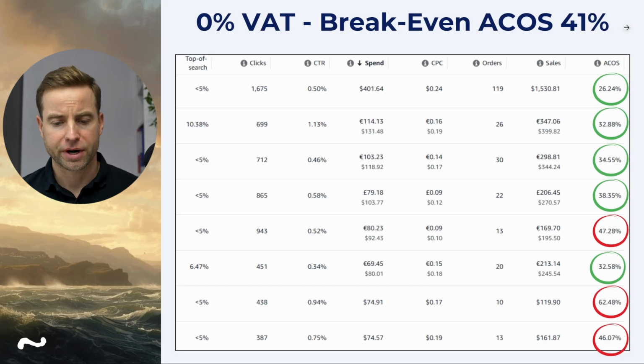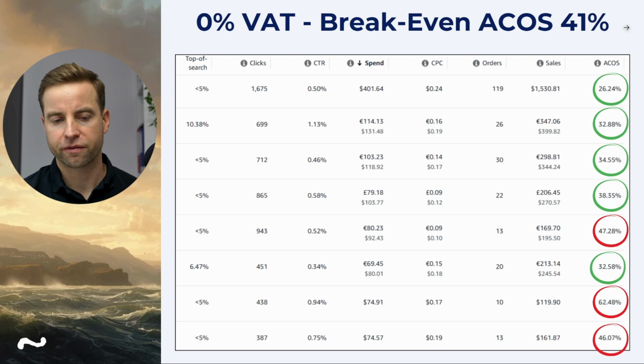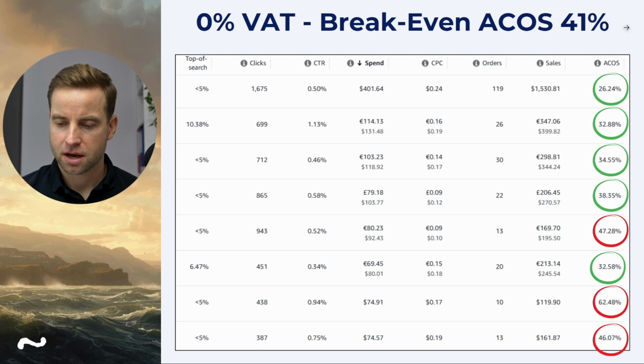And let's go back to our ads console once again. This is the screenshot that we saw previously. With no tax paid, our break-even ACOS is 41%, and there are 5 profitable campaigns, right? Let's see what happens if we apply 23% tax.